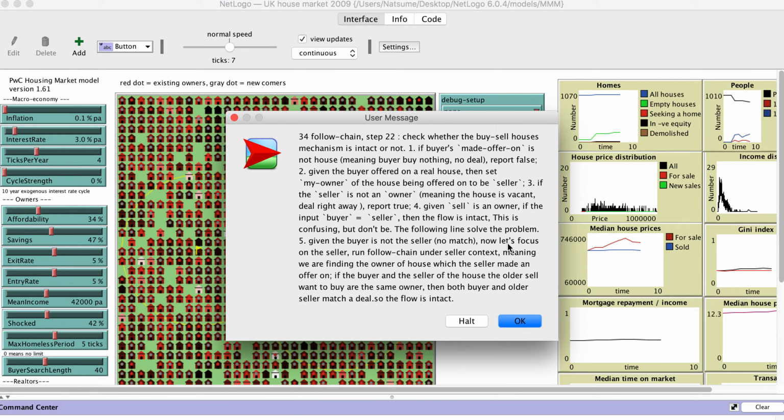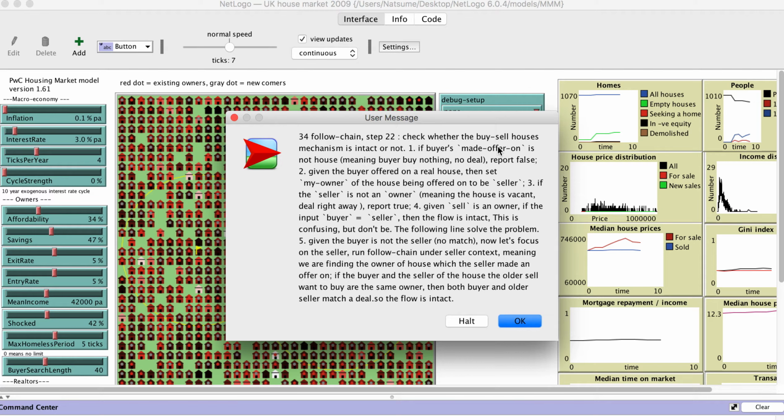Now, we will focus on the seller and apply the follow chain function under this seller's context, meaning we are actually trying to find the house where this old seller wants to buy, okay? Because now we apply the same function to the seller, so we actually come back to the first line. So now this buyer becomes the seller.